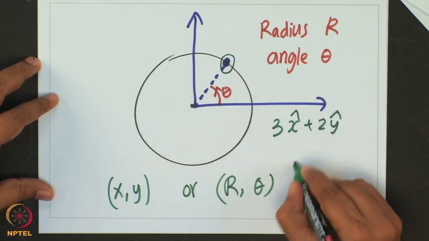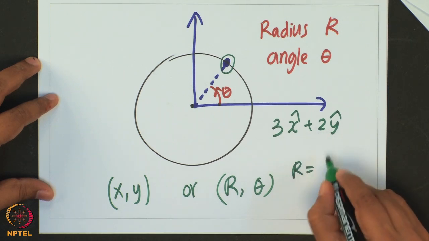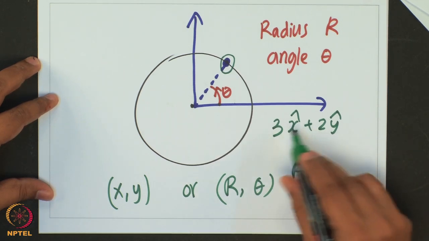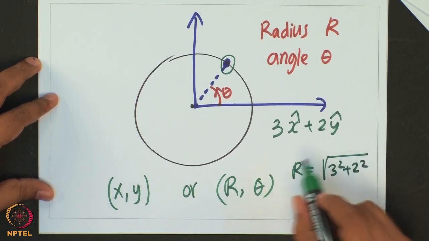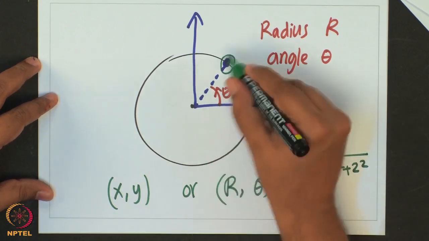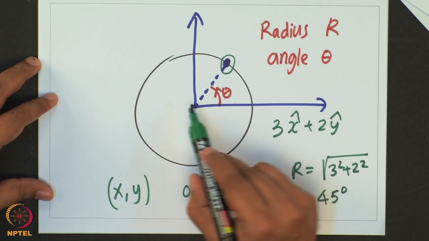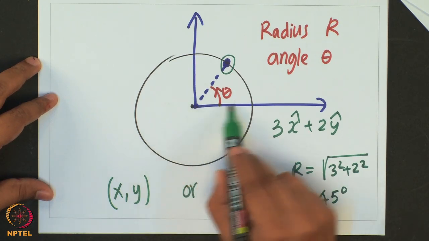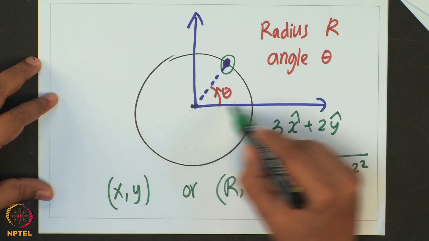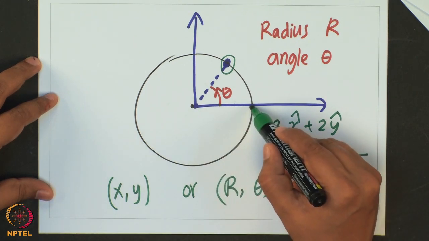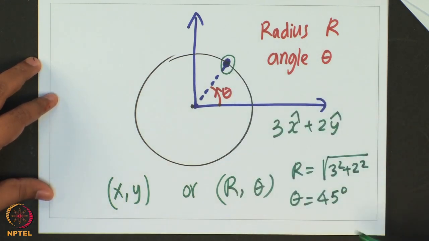If somebody tells me the radius is root of 3 square plus 2 square, which is root 13, and theta is 45 degree, then I would go root 13 along the radius, and then go an angle 45 degree along the x-axis, and I would reach this point.